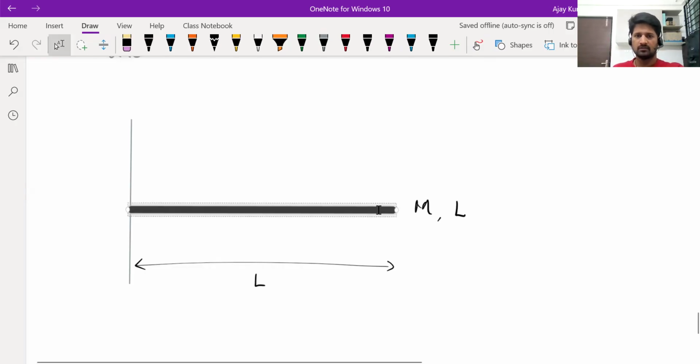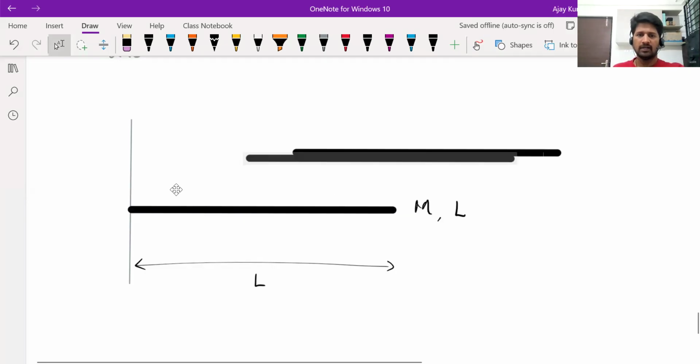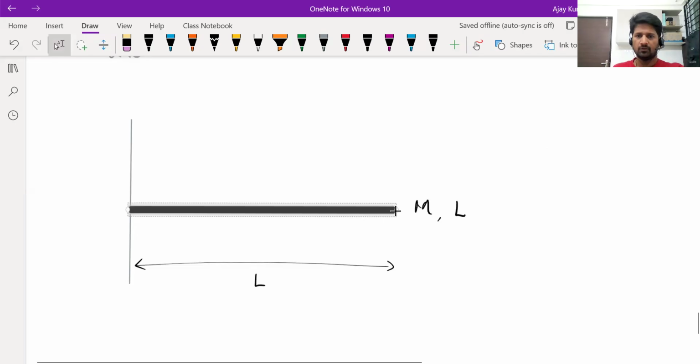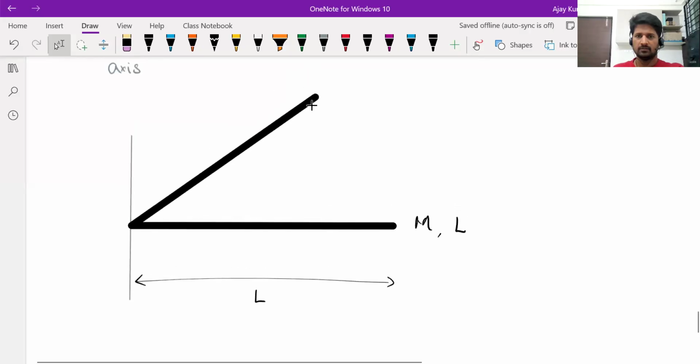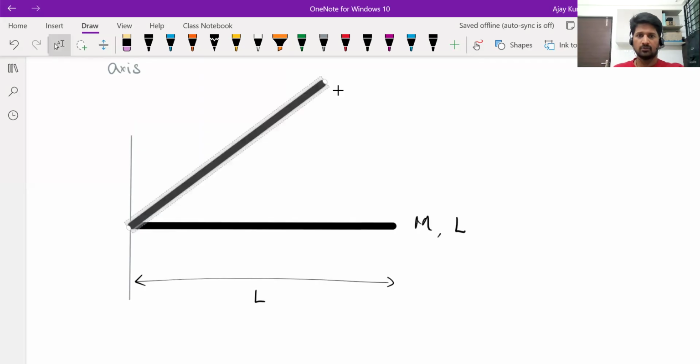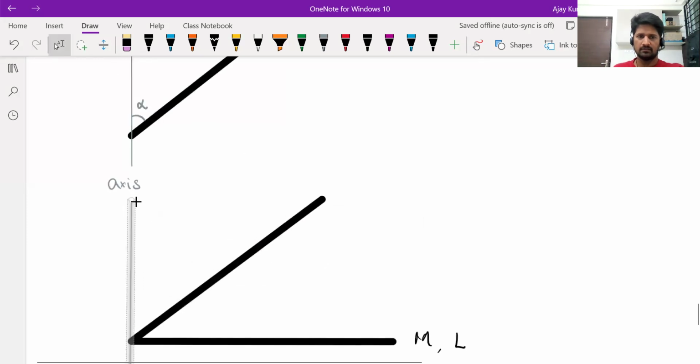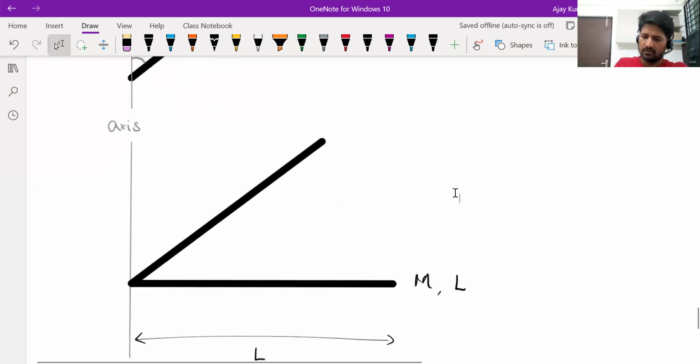Now this same rod, keeping one end there itself, if you rotate the other end like this, maybe rotate some more also. Length is the same, total length is the same, but it's rotated now. Now you visualize the axis. Let us extend this axis a little bit. Tell me, is the last element still at a distance L, or is it closer or farther?